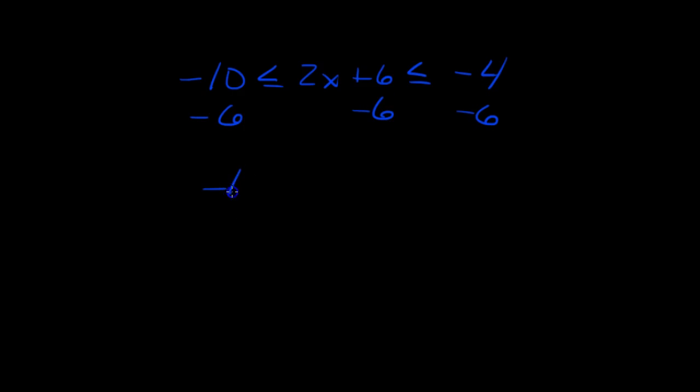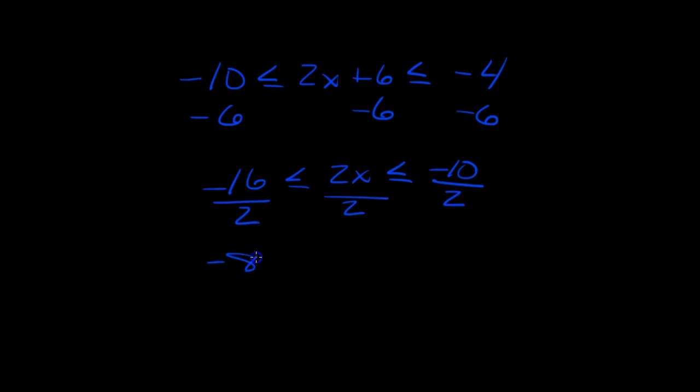Let me do another one just to show solving it at least as a single problem. 2 minus 2x plus 6 is less than or equal to -4. So subtract 6 from each part of the problem. -16 is less than or equal to 2x, which is less than or equal to -10. And then from here we would divide by 2.